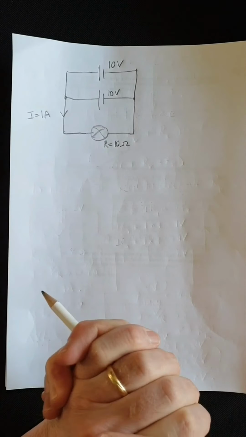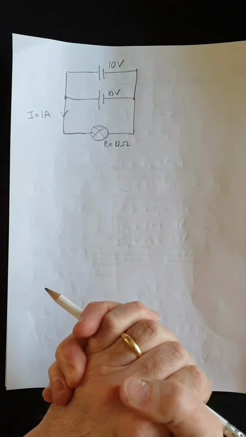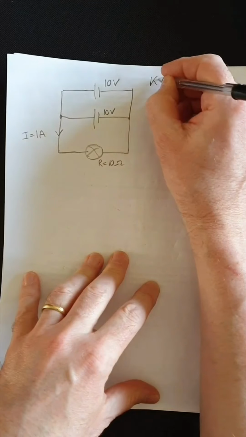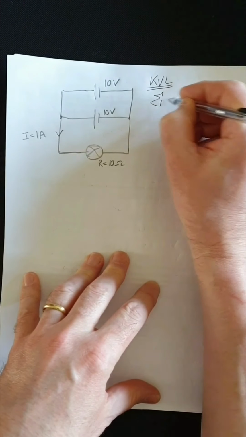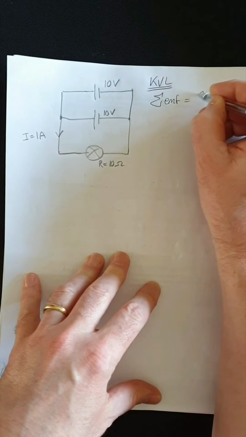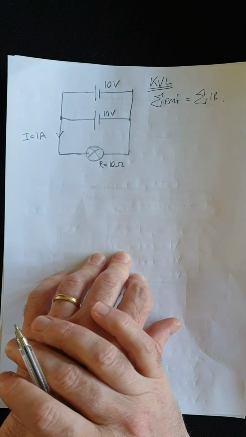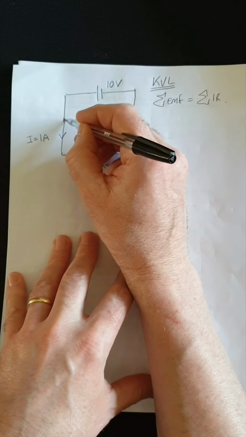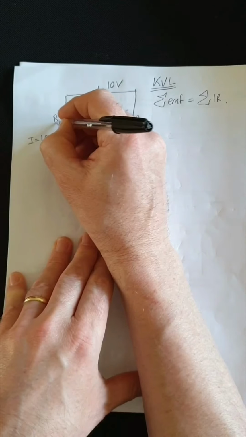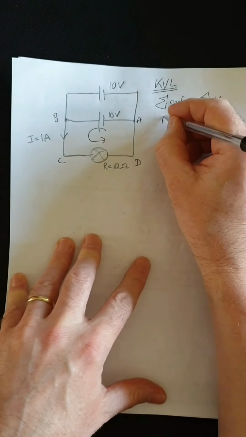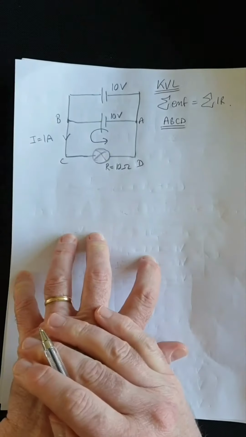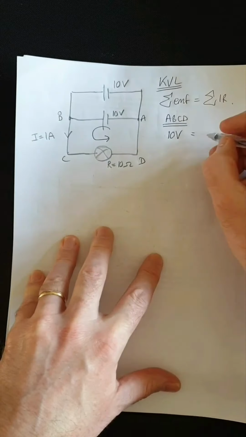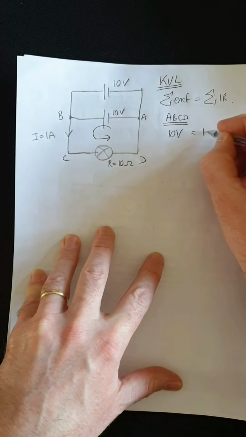Now, we're looking at voltage in this case, and Kirchhoff's voltage law, remember, says that the sum of the EMFs is equal to the sum of the potential differences. So in this loop, going from A to B to C to D, first of all, we've got 10 volts for the EMF is equal to the voltage across the lamp, which is 1 times 10.